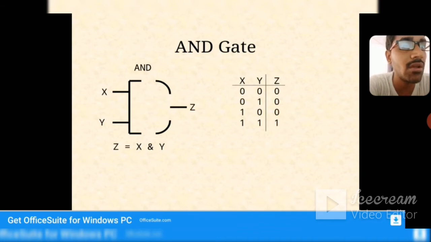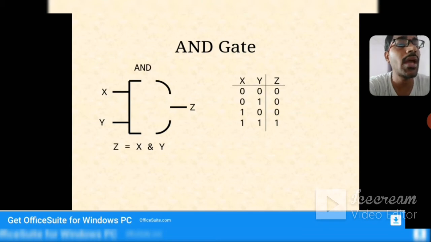In this way, we can derive the combinations of operation, where when both the inputs are 0, the output is 0. When one is 0 and one is 1, then also the output is 0. And when both are 1, the output is 1. So in this truth table, we conclude that when both the inputs are 1, then we are getting an output 1, otherwise in all other cases it gets 0.